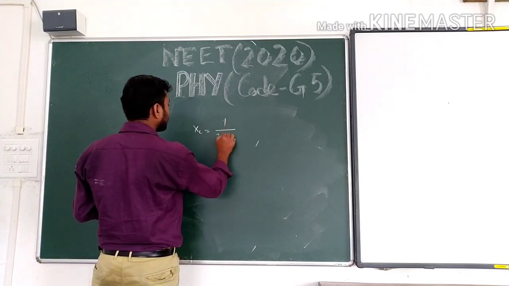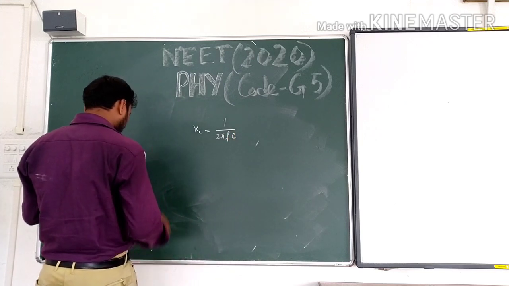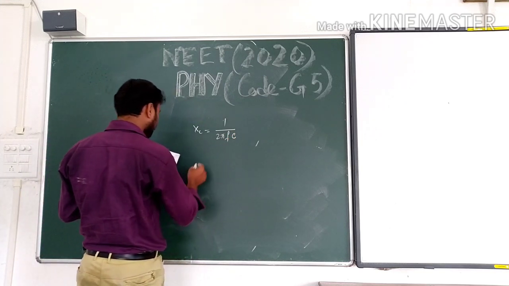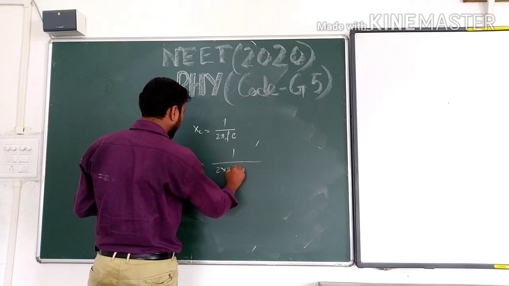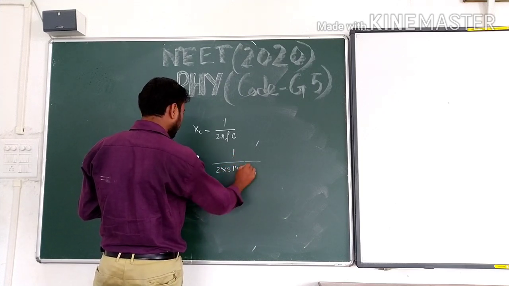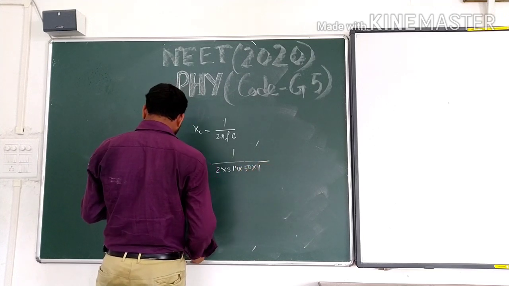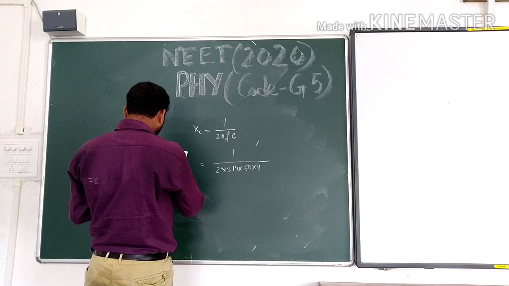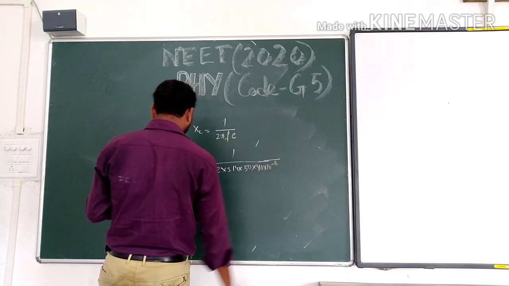So 1 by 2 pi f into C. So it will be how much? 1 by 2 into 3.14 into f, frequency 50 Hz, and capacitance, how much? Okay, 40 microfarad, 40 into 10 to the power minus 6. Okay.